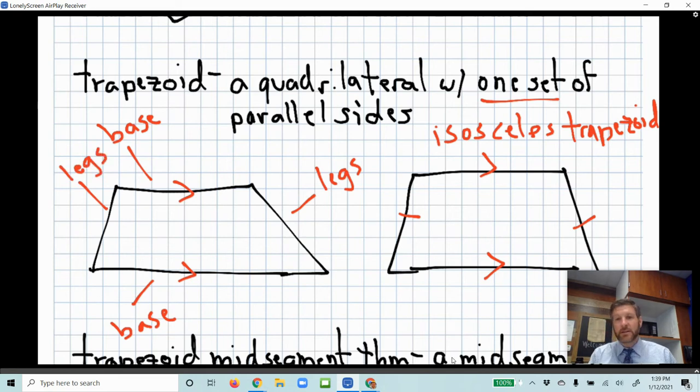So an isosceles trapezoid has congruent legs and parallel bases. When we get into either the area or special characteristics, you're going to want to know that the legs are the non-parallel sides, the bases are the parallel sides.